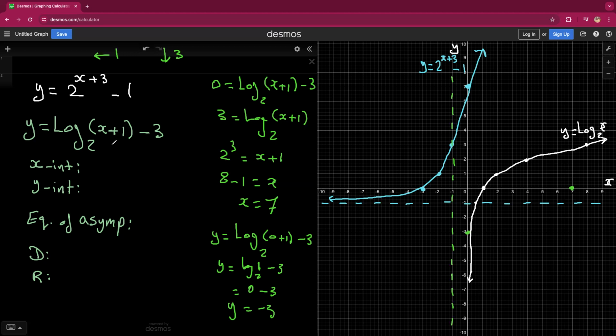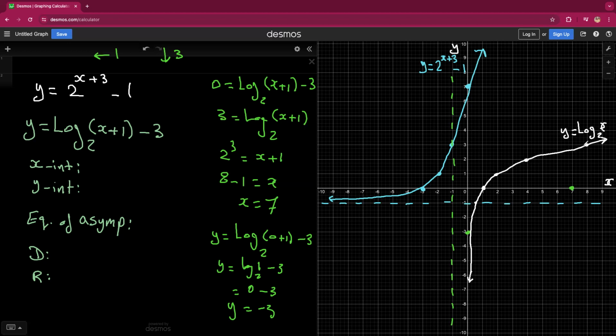Now this is the asymptote, and then I'm going to take some of these points and do the shift. 1 to the left, 1, 2. So I'm going to take some of these points right here.